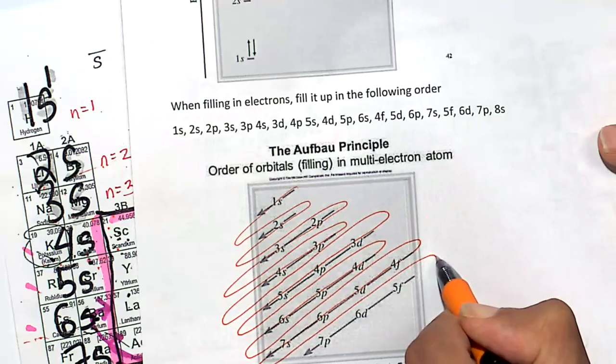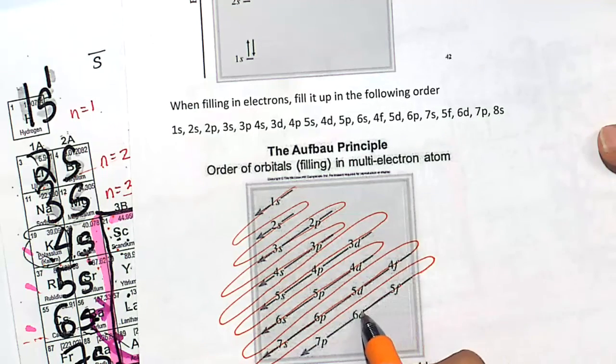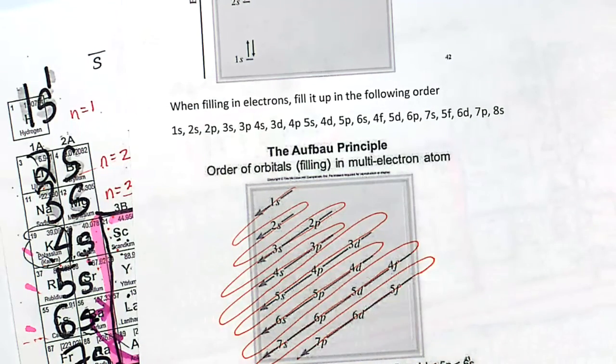After 7s, 5f, then 6d, then 7p. So yes, electrons go marching in, but you have to know the order in which they march in. Once you know the order, I want to hopefully convince you that this electron configuration business isn't so bad. All right, thank you so much for attending.